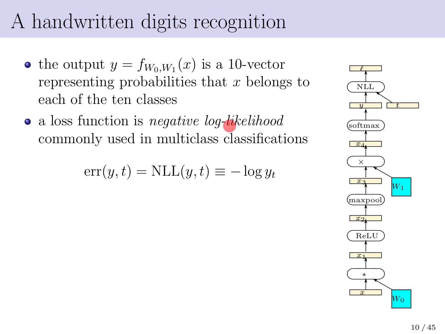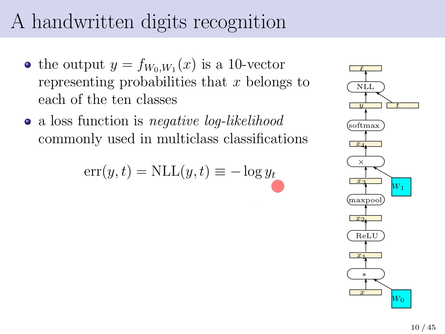Negative log likelihood is literally taking the log of the component specified by the true class and taking the negative of this. I will come back to why the loss function is defined this way later.